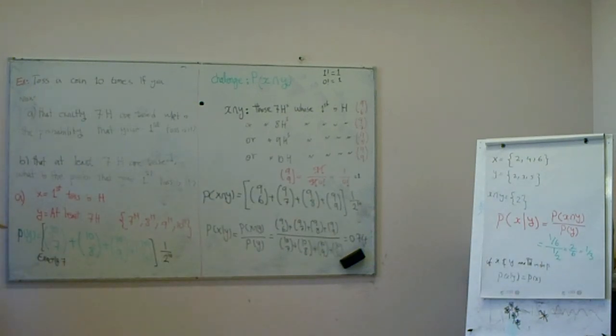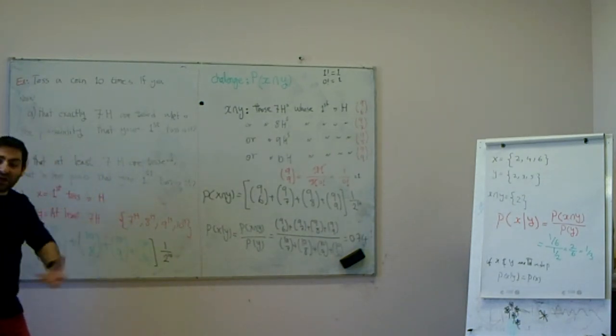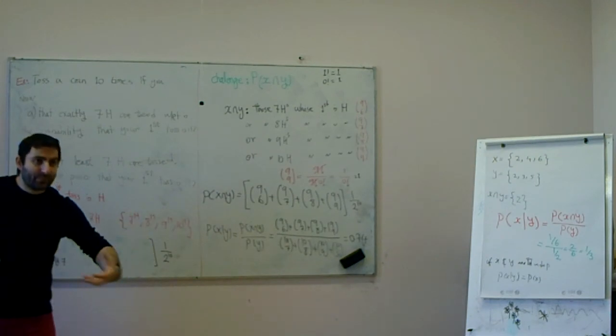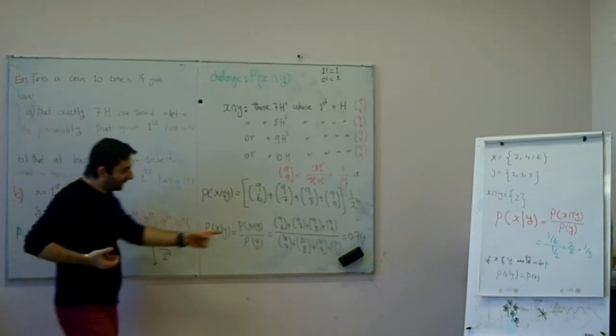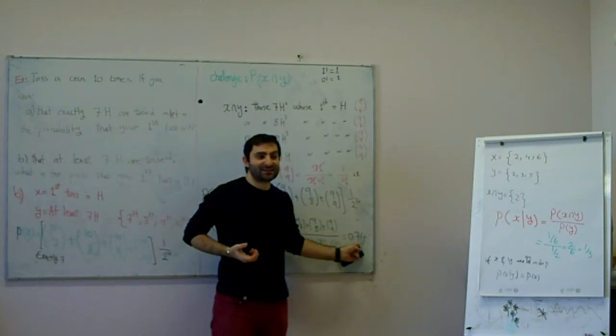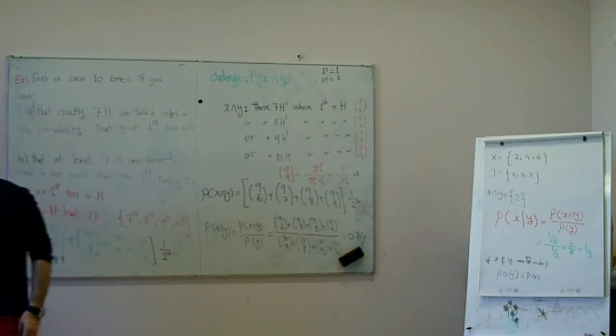What was the answer of part A? 0.7, right? Now we are enlarging the set of occurrences, so we are expecting to see this number to be greater than 0.7. If the number you calculate is less than 0.7, it means you made a mistake.